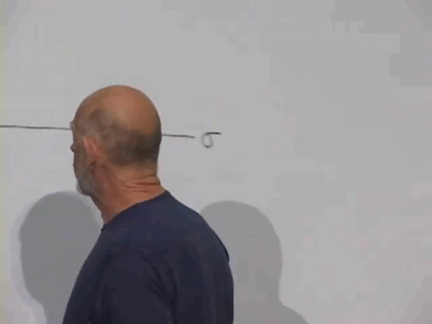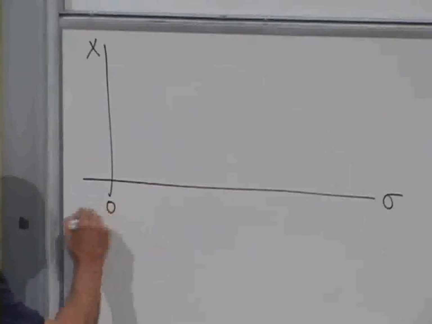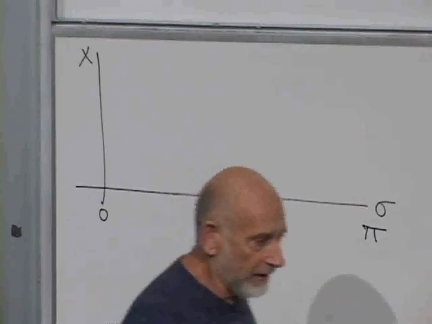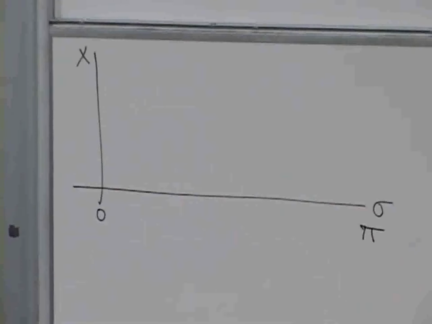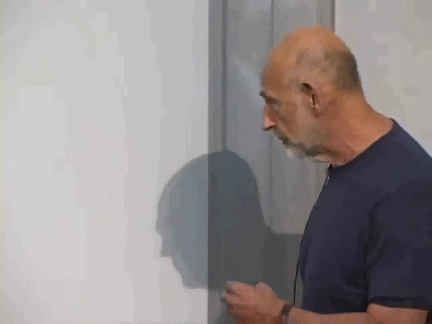Right? And I'm going to allow, for the purpose of this discussion now, sigma to be a variable which runs from 0 to pi. In other words, half a cycle around a circle. So sigma is an angular variable, except it's not quite an angular variable. It's an angular variable that only goes halfway around the circle.